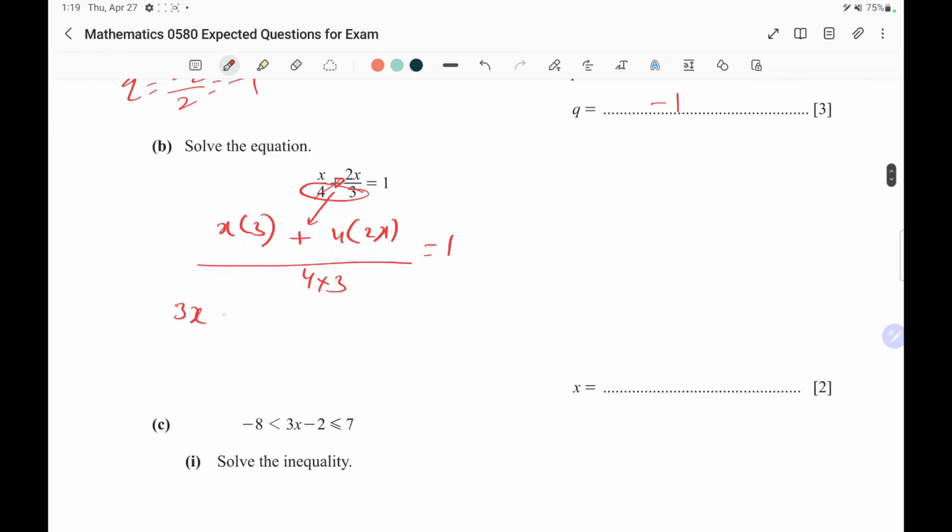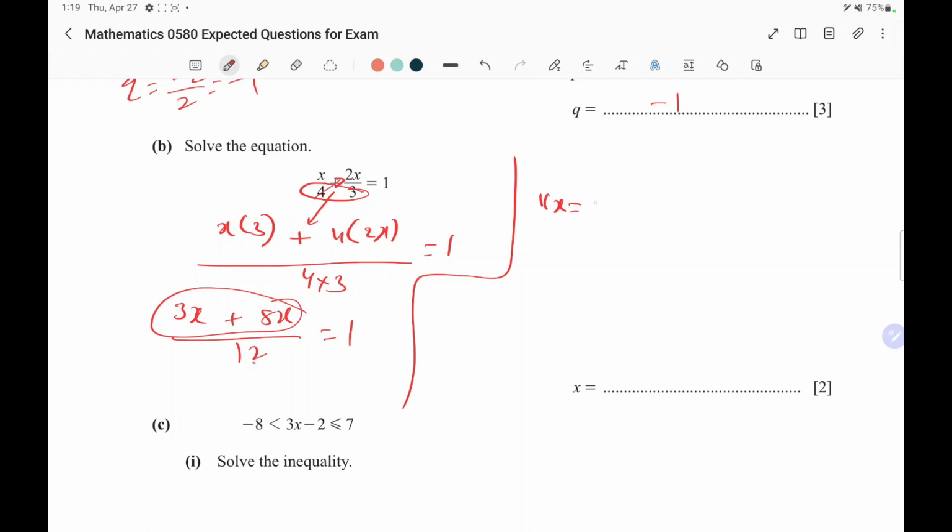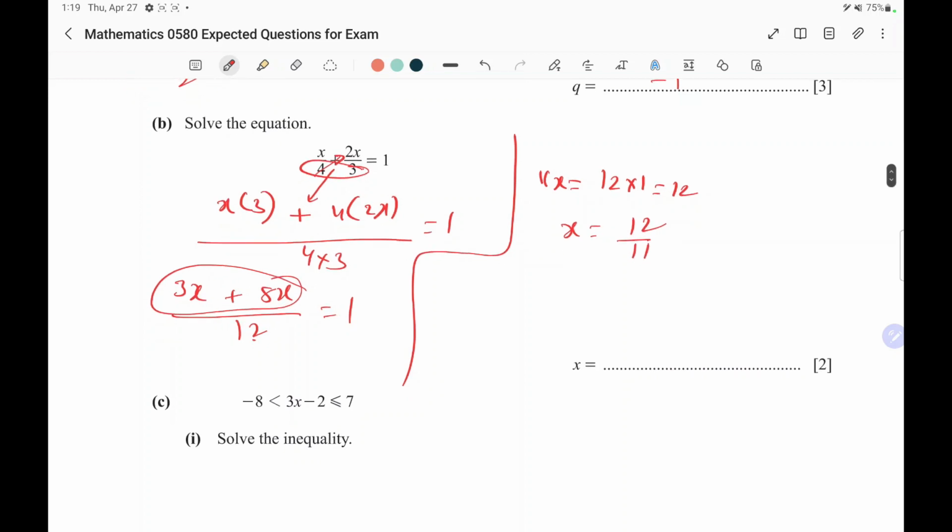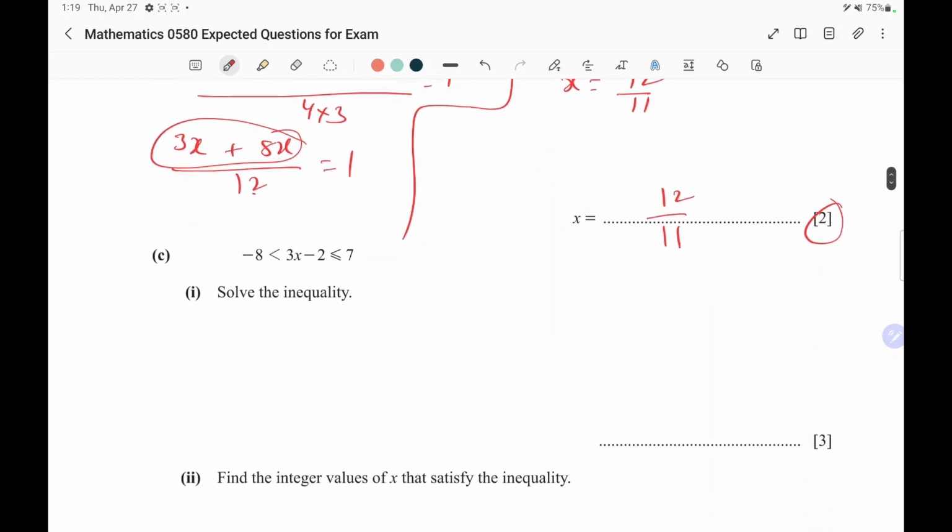So this is 3x plus 8x over 12 equals 1. Now 3x plus 8x, that is 11x, and 12 times 1, which is 12. So x is 12 over 11. So you can write 12 over 11. They didn't mention that we have to give it in fraction or decimal, so you can write that. It is only for 2 marks, so it will be fine.